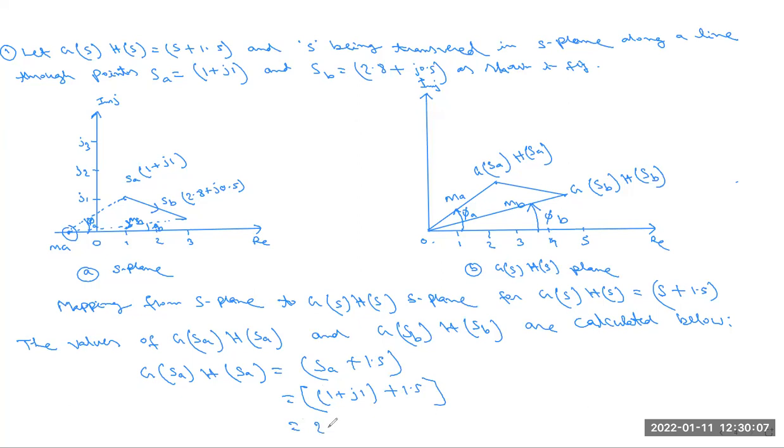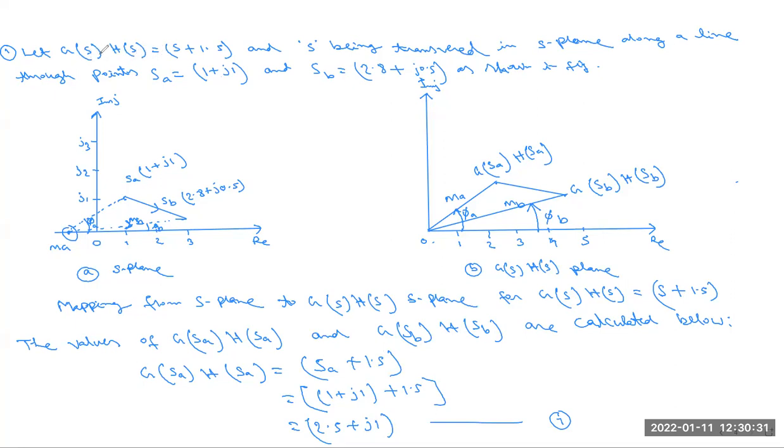So the value is 2.5 plus J into 1. This is equation 1. Okay. So is this part clear to all of you? So we have to put the value from here, that is first SA plus 1.5.